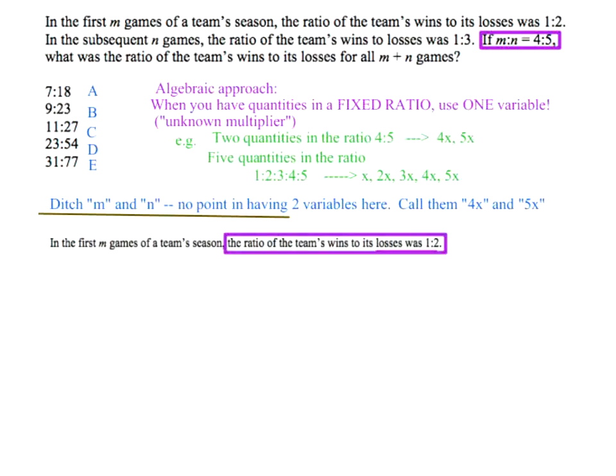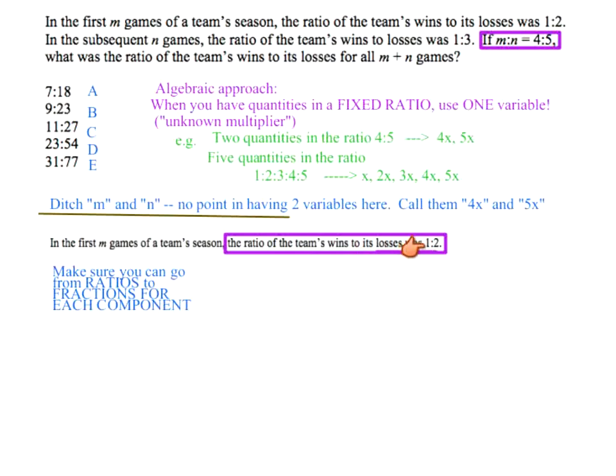What does this mean? This means, what fraction of those games were wins and what fraction were losses? In other words, make sure you can go, yeah, it's 1/3 and 2/3. Make sure you can go from ratios to fractions for each component.